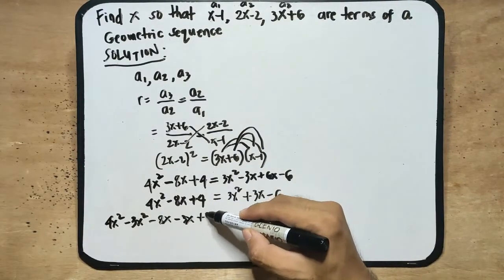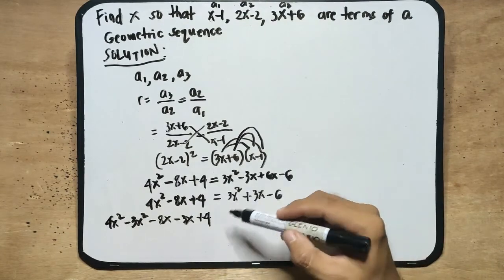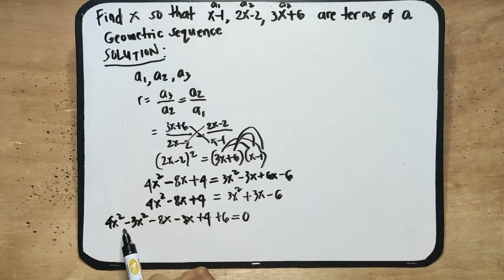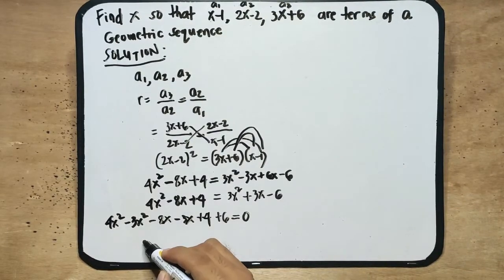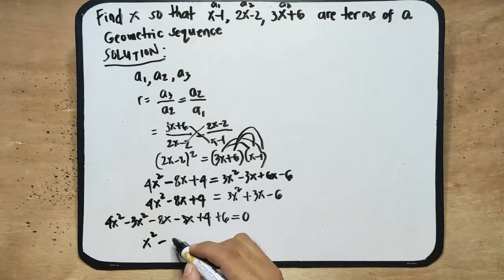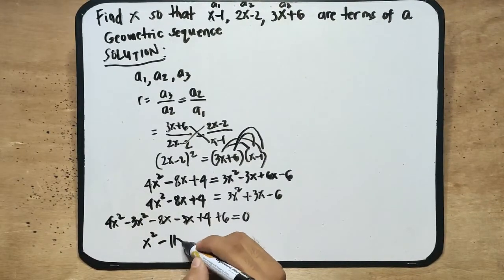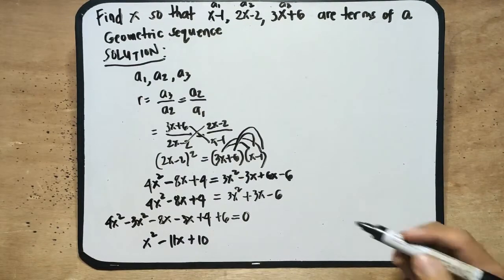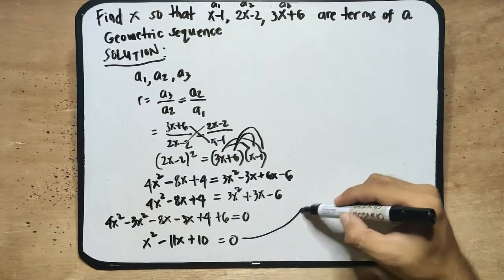We bring down positive 4, so we transpose negative 6, that will be positive 6, at 0 ang may iwan. So combining similar terms, we have 4 minus 3 is 1, or we simply write x squared. Negative 8 minus 3 is negative 11x. And 4 plus 6 is positive 10, which is equal to 0.